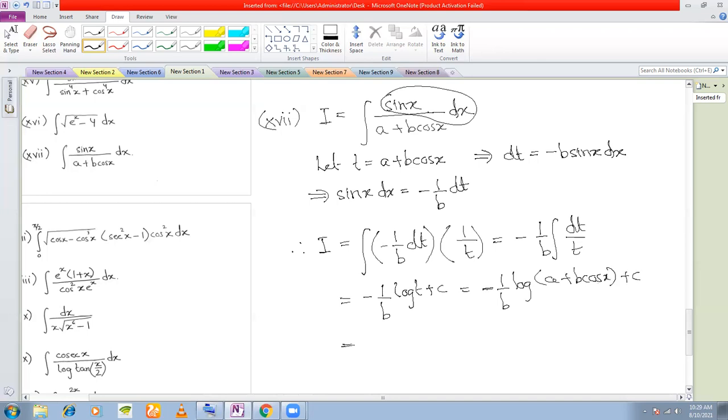Now, because of this minus sign, if you take it as a power of the log, this becomes 1 by b log of a plus b cos x to the power of minus 1 plus c. And now you can write this as 1 by b log 1 by a plus b cos x plus c. And that's your answer.